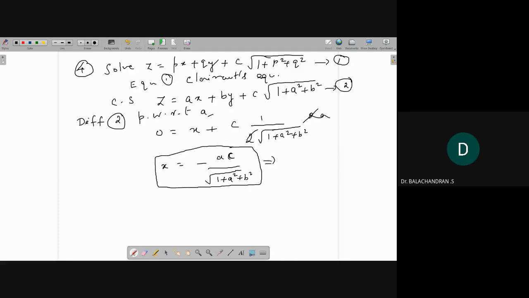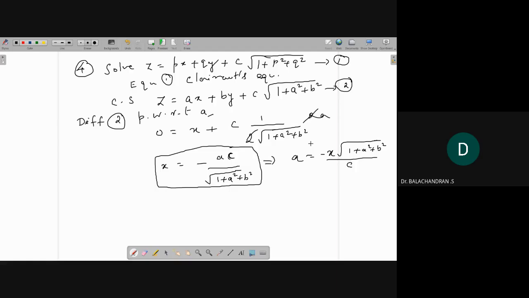From this, actually, I need a. What is a? a equal to minus x into root of 1 plus a square plus b square divided by c.